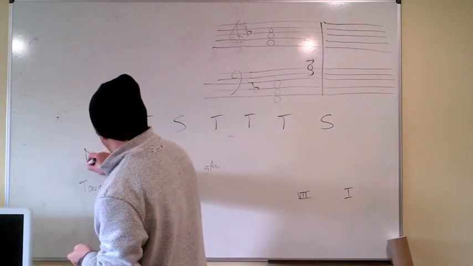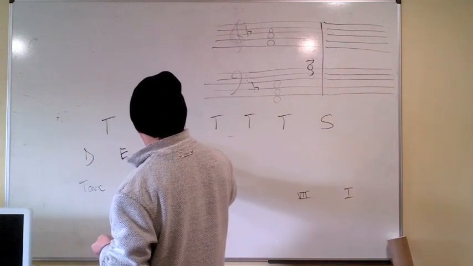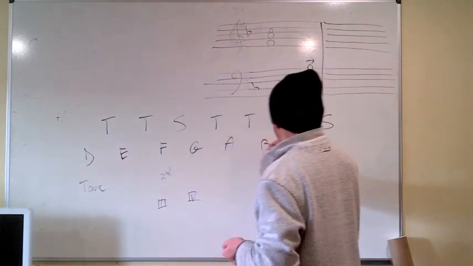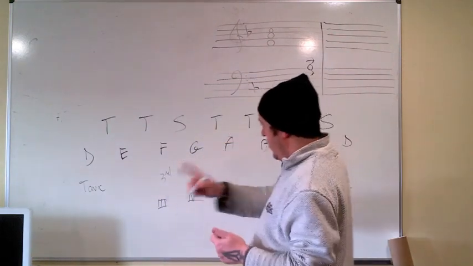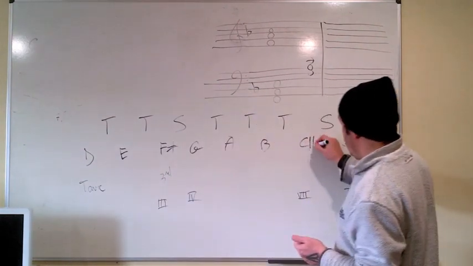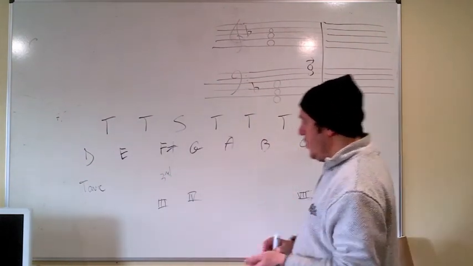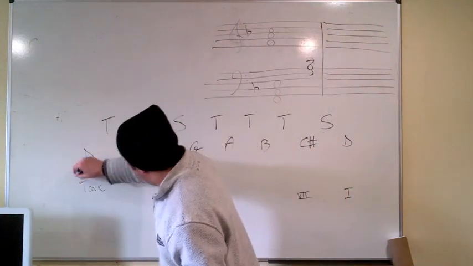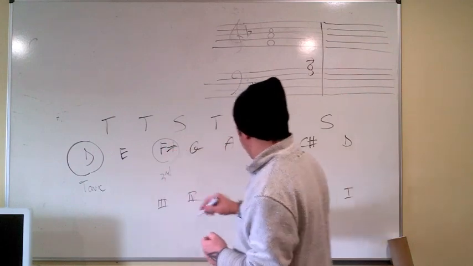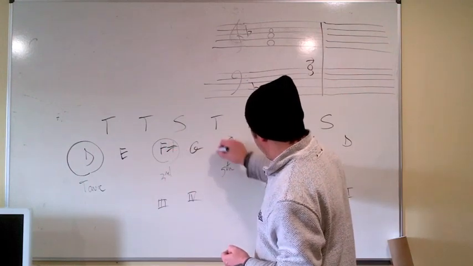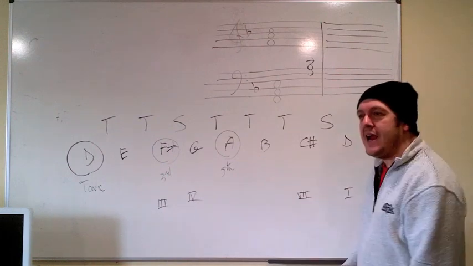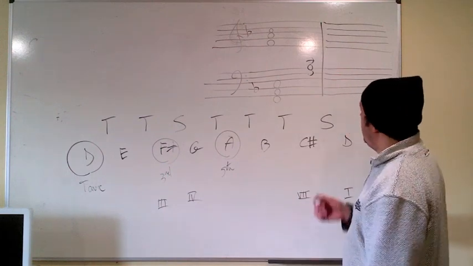So D, E, F sharp, G, A, B, C sharp, D. You know the sharps are here and here. You take the first note, the tonic, D, the third note, and the fifth. That's your tonic triad. D, F sharp, and A.